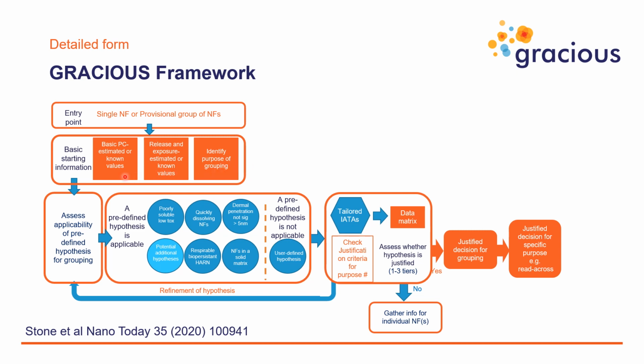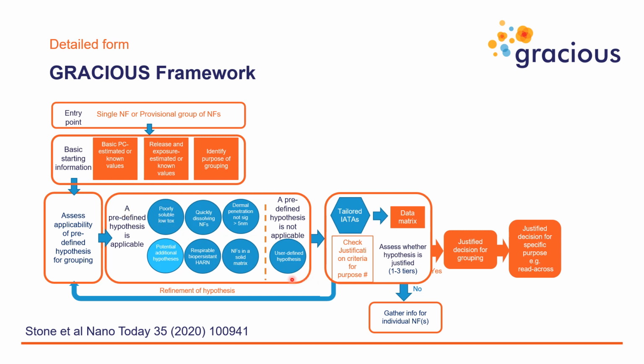So for example, in a Safe by Design application, we can use the estimated data from this basic information stage, but for a regulatory application, we would need to use known or measured values. The basic information is then used to generate the grouping hypothesis. We have a range of hypotheses available within the framework that the user can choose from.